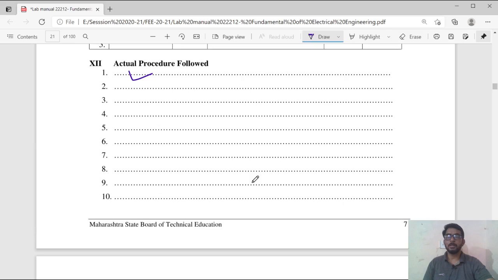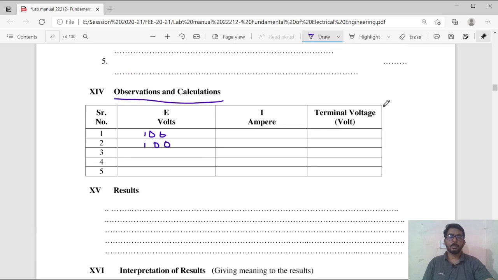What happens now? You can put another table here: if it is a tungsten filament lamp, you can read the lux here.